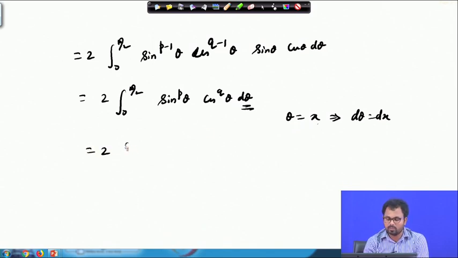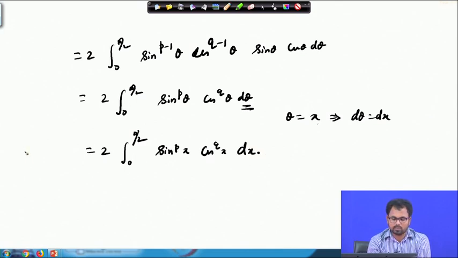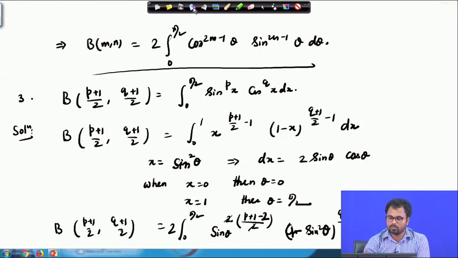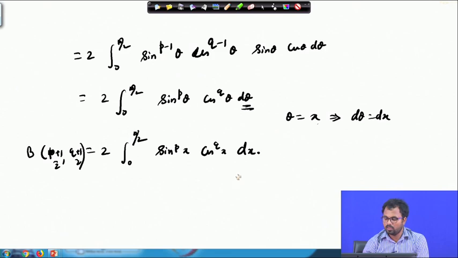So, let us change the variables, and then this will reduce to sine to the power p x cos to the power q x dx, and this is what we needed to prove. So, beta p plus 1 by 2, q plus 1 by 2 equals 2 times integral from 0 to pi by 2 sine p x times cos q x.